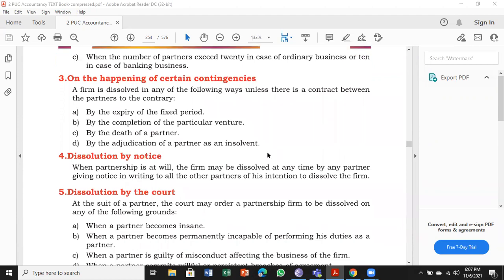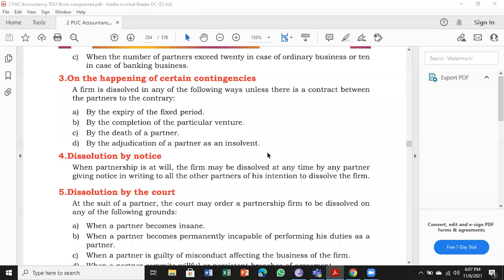Next, on the happening of certain contingencies. Contingency means unknown situation. So in unknown situations, the business may be closed if there is a contract between the partners to that effect.